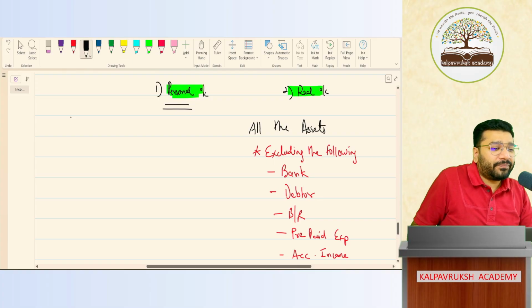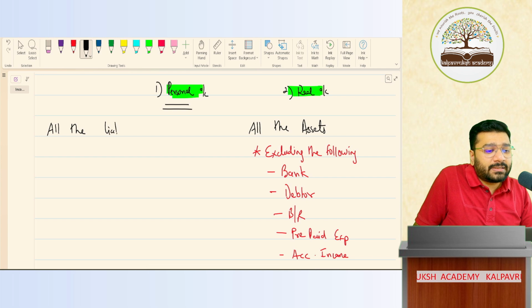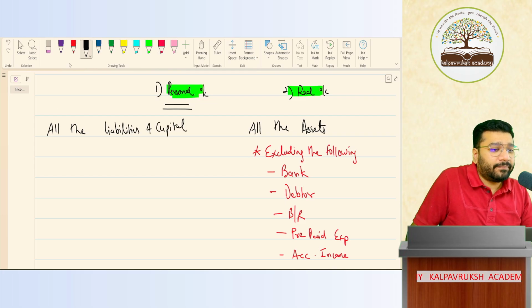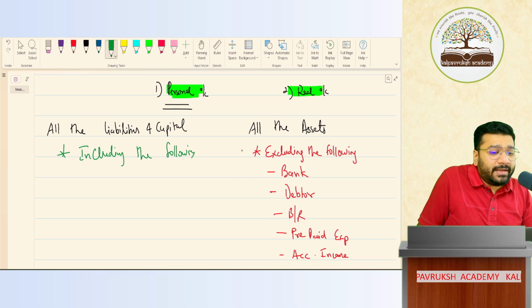So all the liabilities and capital, I'm putting this in green, including the following. What is excluded there is included here.